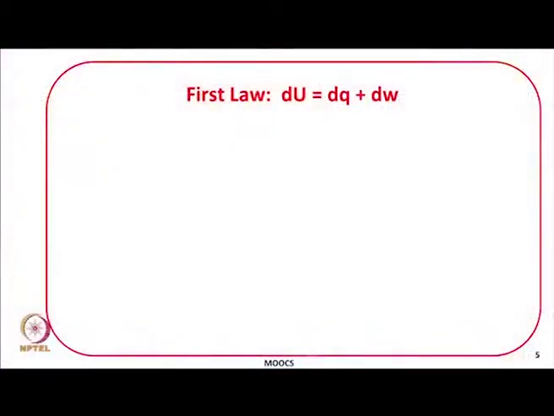Let us recall now the first law, dU is equal to dq plus dw, where dw represents the work done. The work done can be of two types.